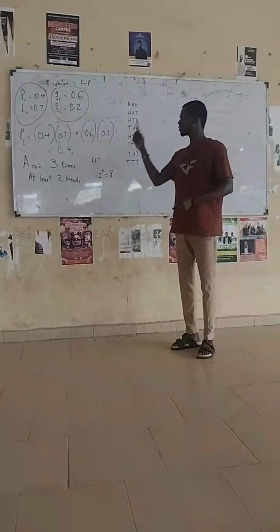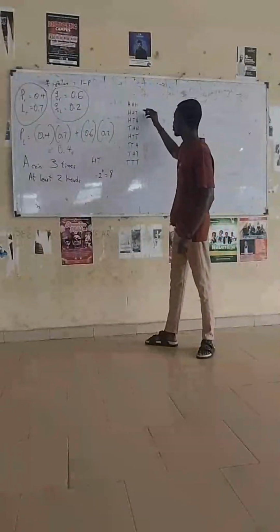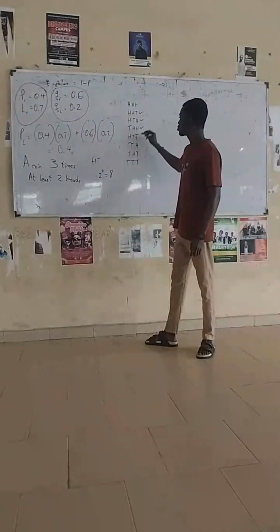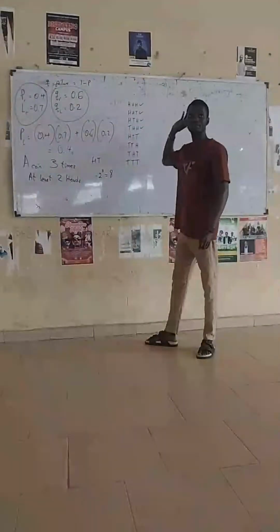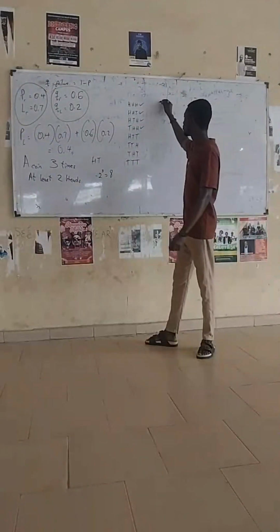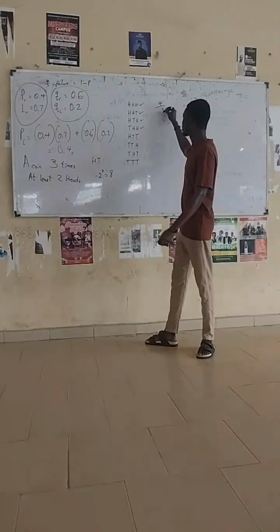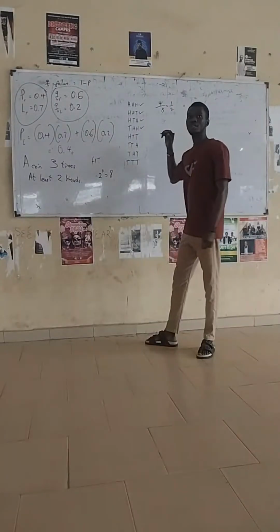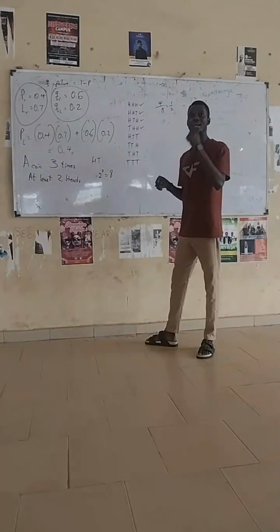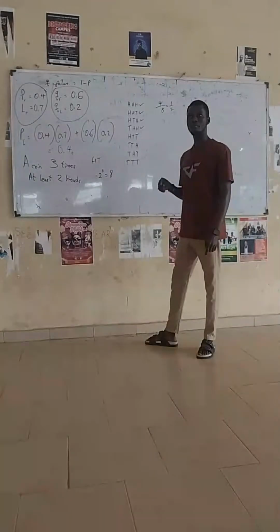So at least 2 heads means you can have 1, 2, 3, 4, right? That's 4 over the total outcome 8, which is 1 over 2. Now, assuming the question says at least 1 head, what's the answer? At least 1 head.